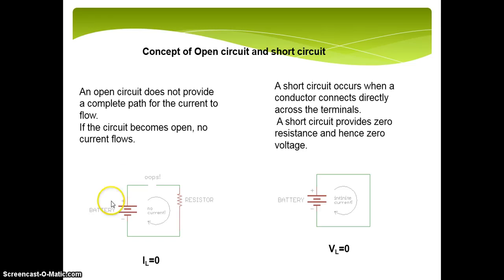Now I'll tell you the concept of open circuit and short circuit. Open means the circuit is open. See here, you have a battery and a resistor, but the circuit is open here. If your circuit is open, can any current flow through it?